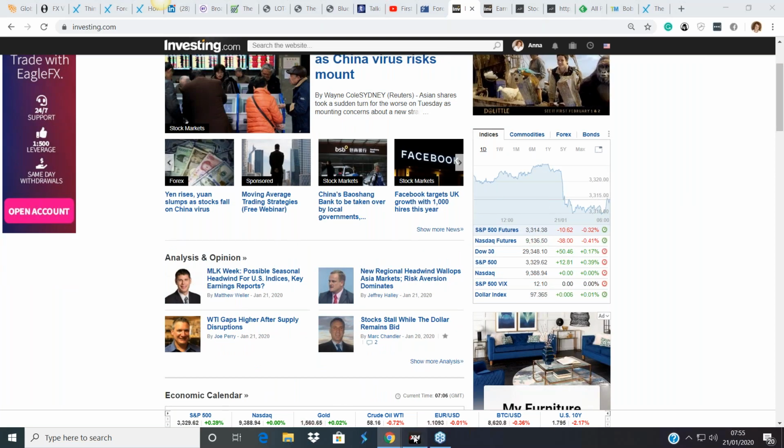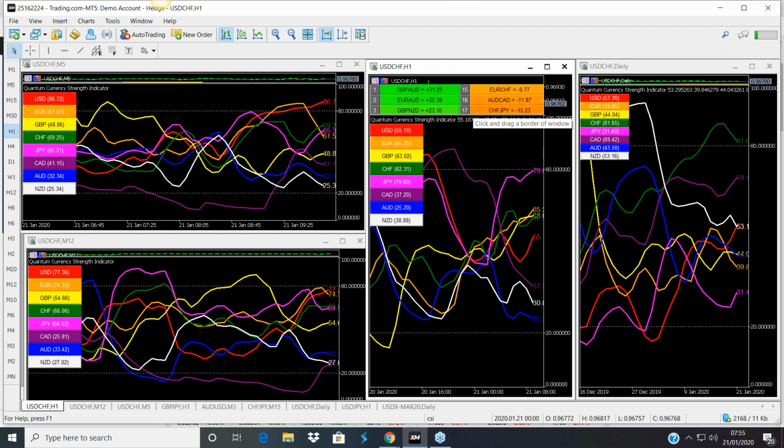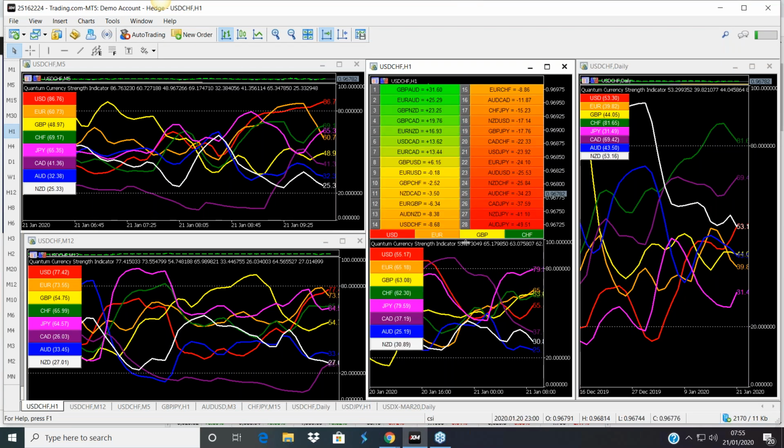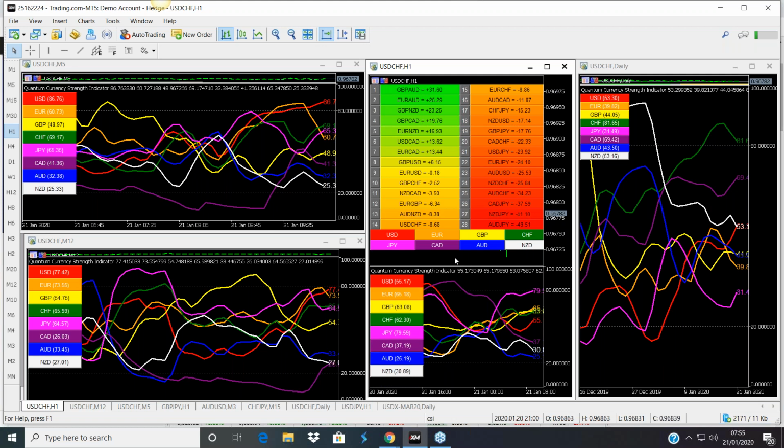So the next thing we have to look at is how that is actually reflected in the currency markets, the flows into the currencies and currency pairs. One of the first things that tends to happen when markets are in this kind of mood is that the Japanese yen will be bought.